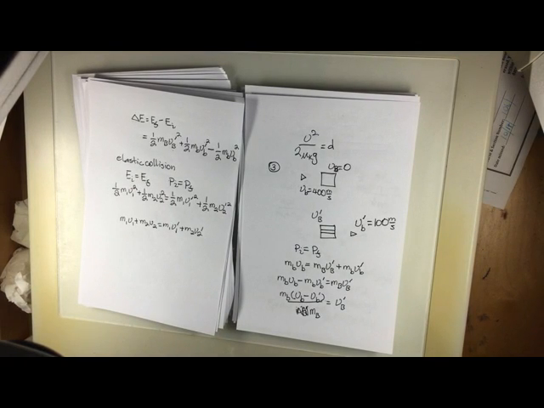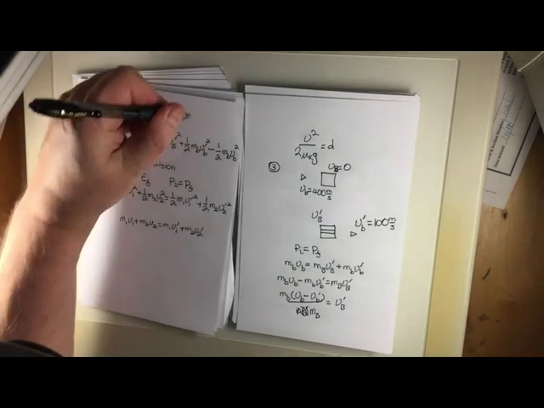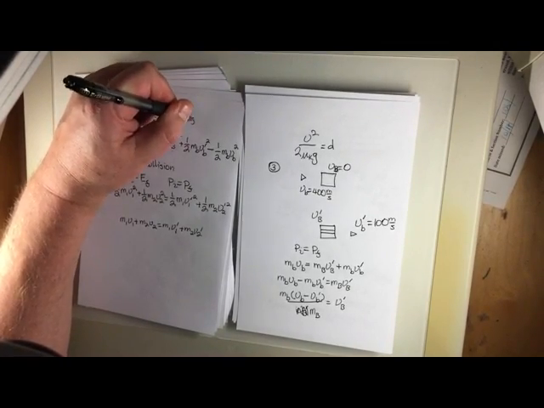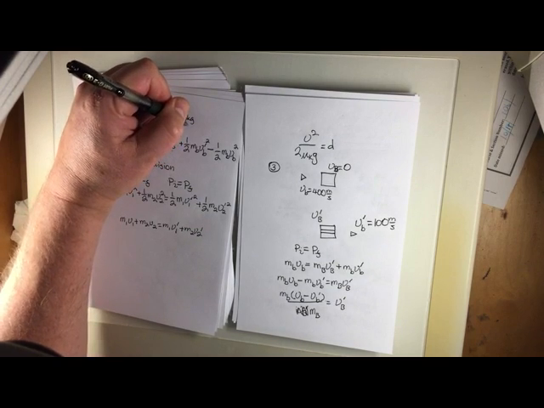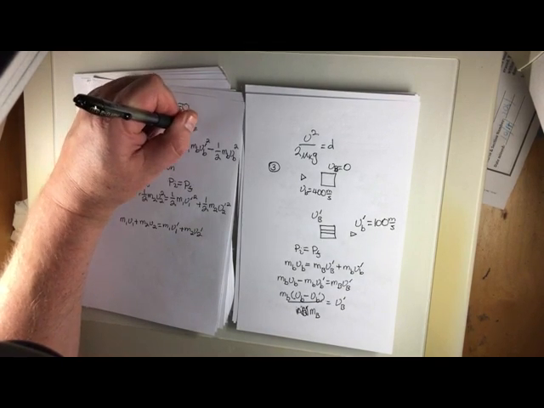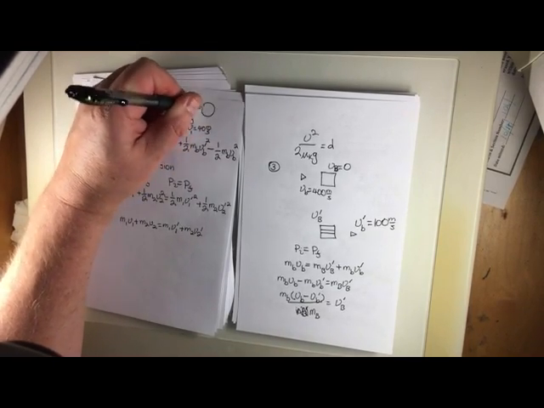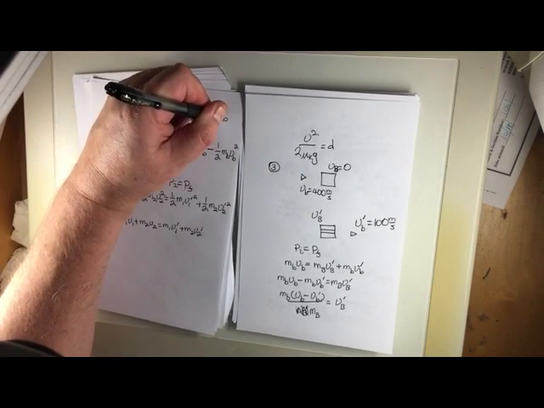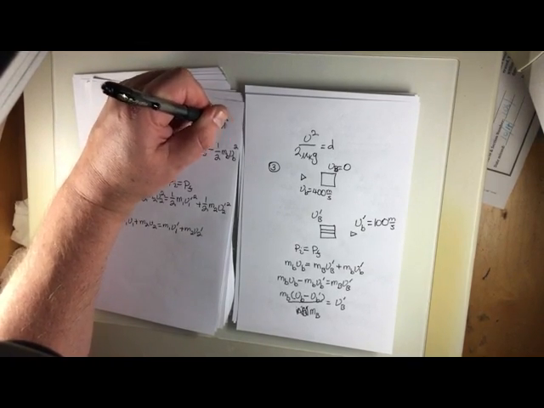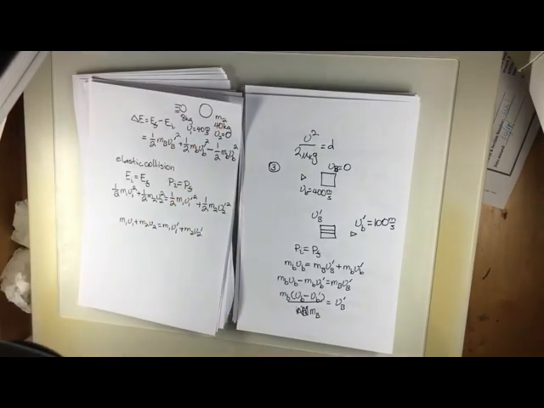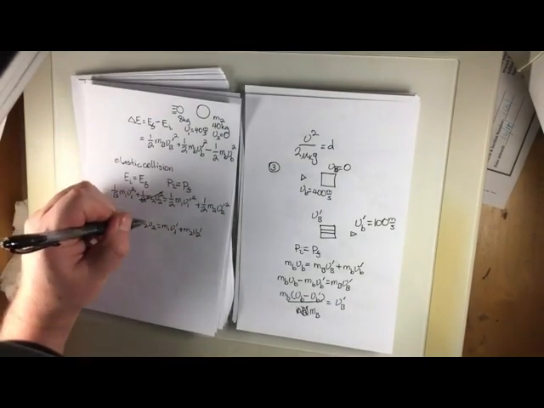We do have one benefit. The little particle is 8 kilograms and has a velocity of 40. The big mass is 40 kilograms and it has no initial velocity. So v2 goes away.